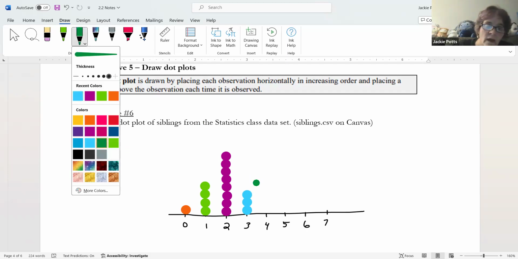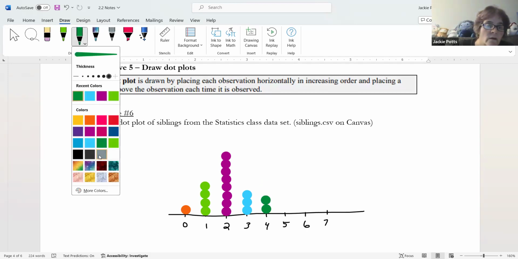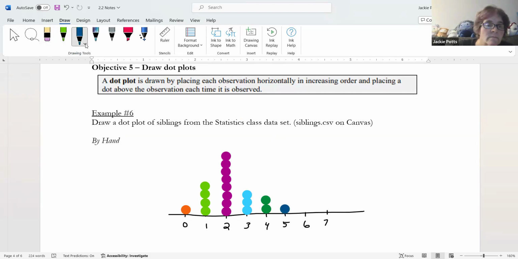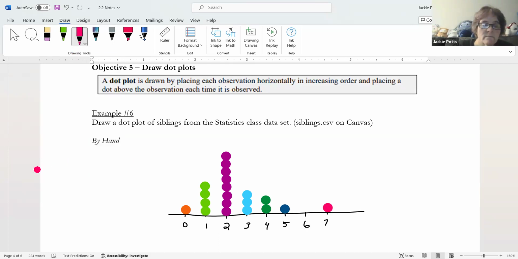4 had 2. Had a frequency of 2. 5 had 1. And I'm trying to find another color I haven't used yet. 7 had 1.